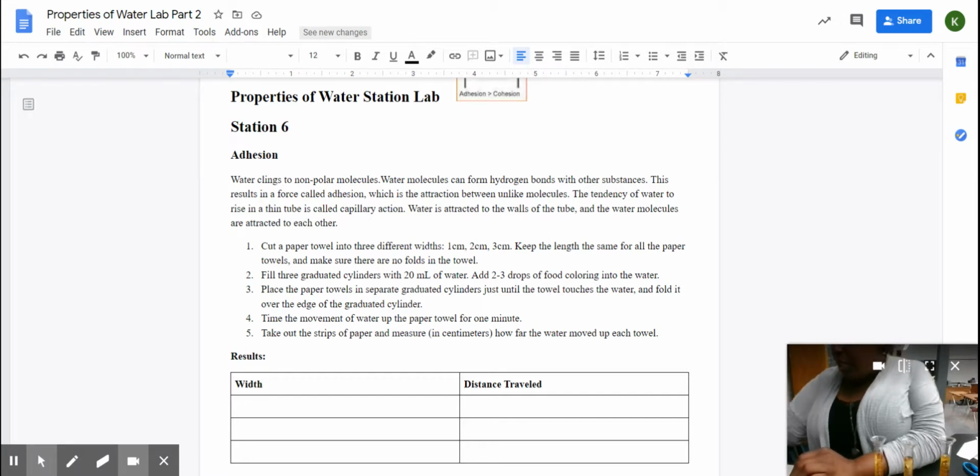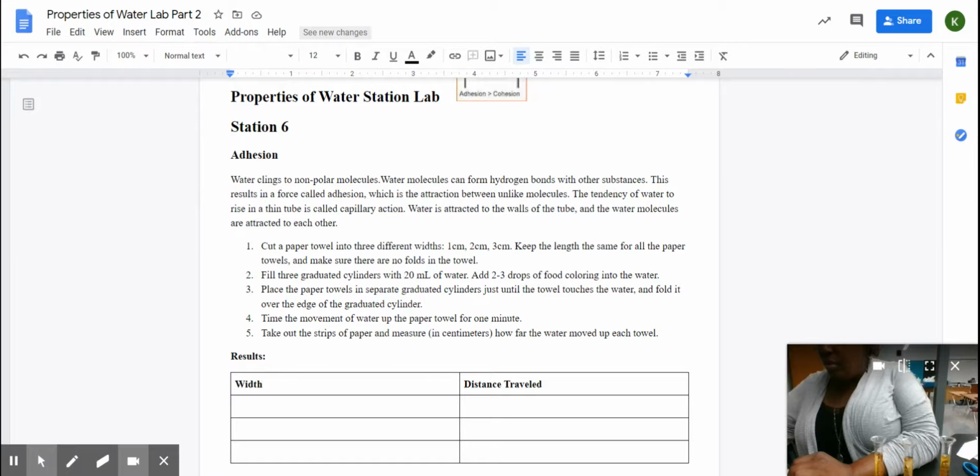For 1 centimeter, it traveled 11.7 centimeters. For the 2 centimeters, it traveled 10 centimeters. And for the 3 centimeters, it traveled 9.5.